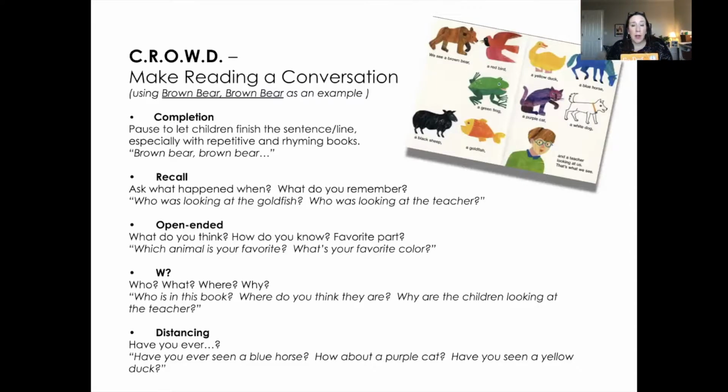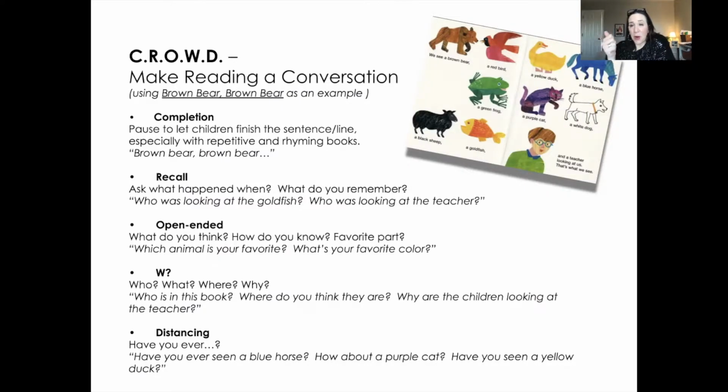This is one concept of how to read to young children. It's called the crowd concept, and it's using it to make a conversation. So they're using Brown Bear here as an example. The C in crowd stands for completion.